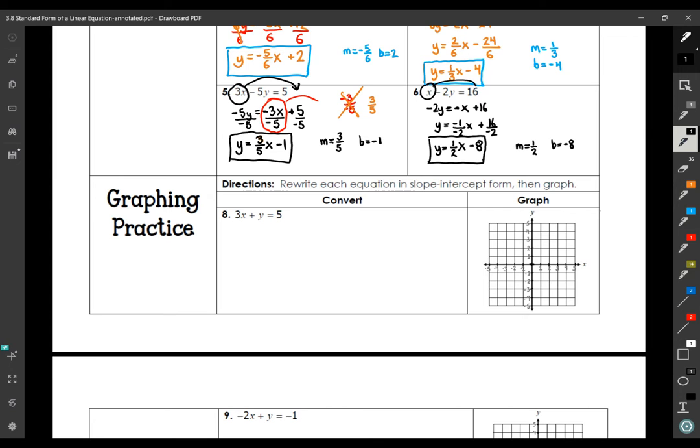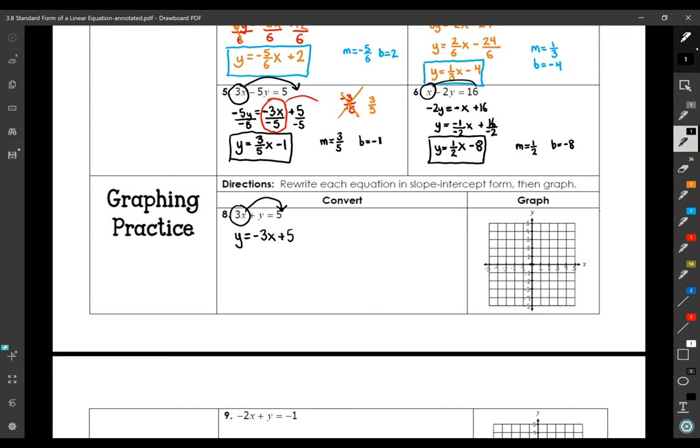So step 1, isolate for y. Get y alone. So it becomes y equals negative 3x plus 5. Okay, all I did was I moved that positive 3x to the other side of the equation. Easy.